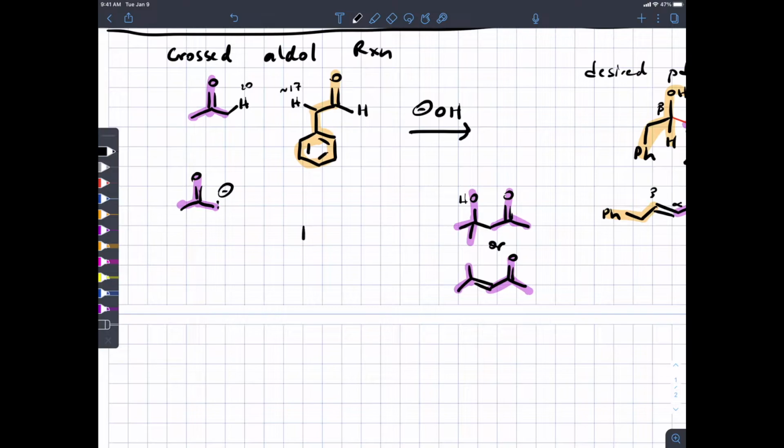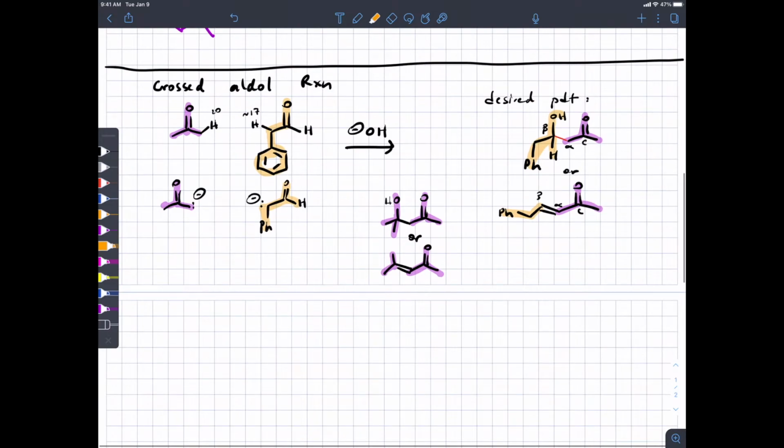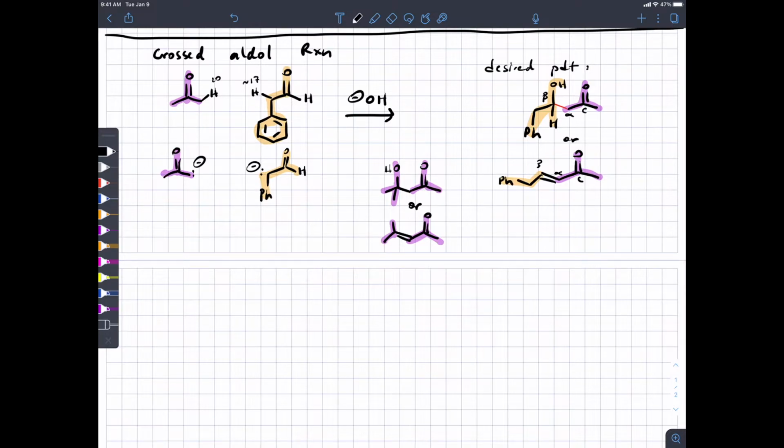In any case, the aldehyde enolate looks like this. All right, so what could that enolate react with? Itself and the ketone as well.